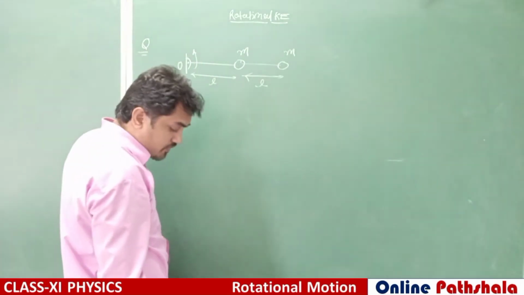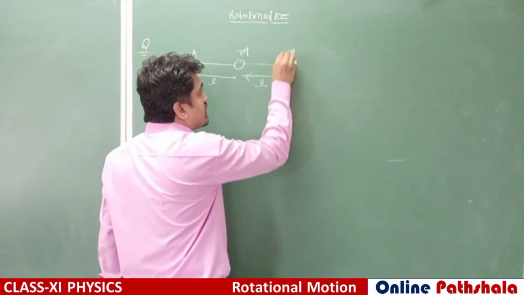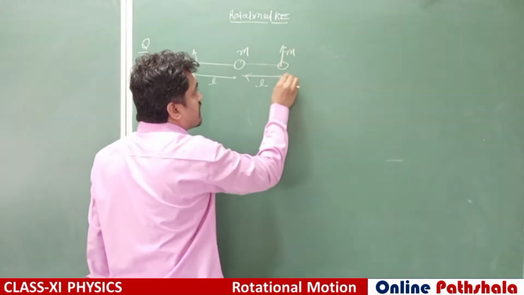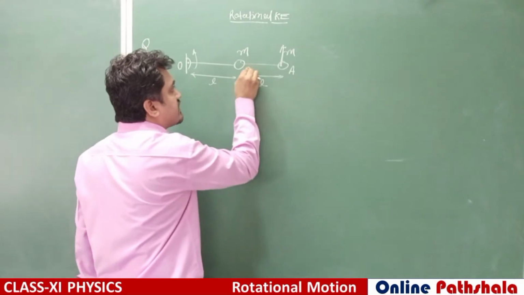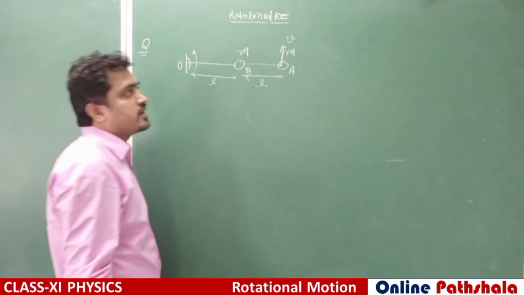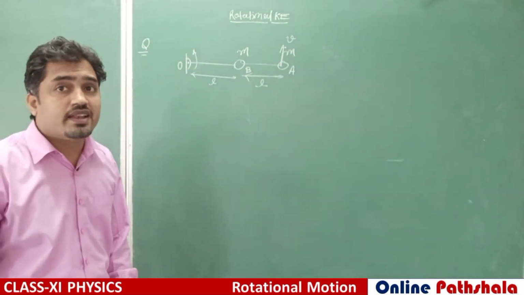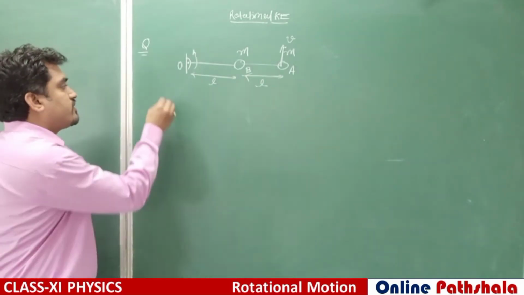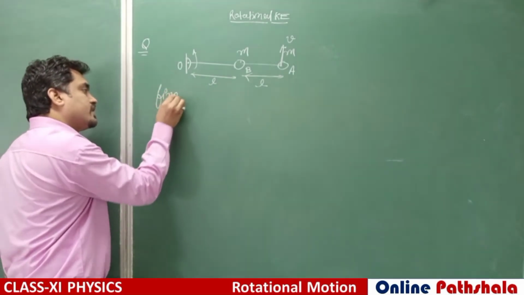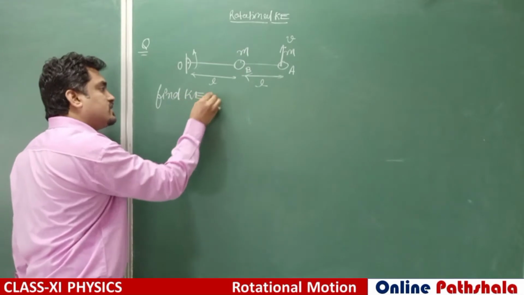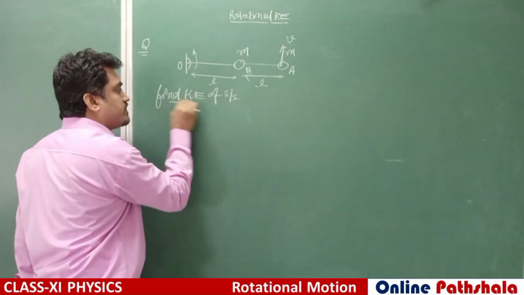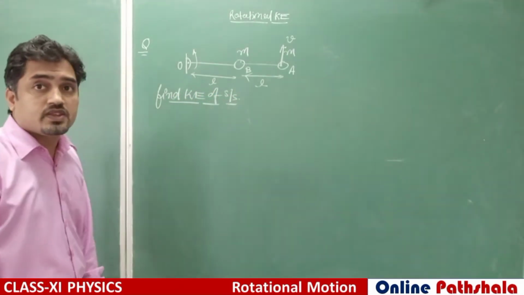If at an instant the velocity of particle A is V, we have to find the kinetic energy of the system.